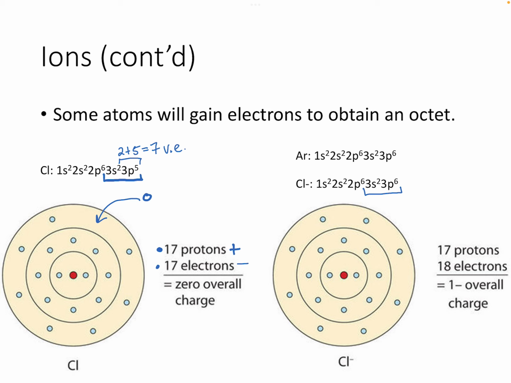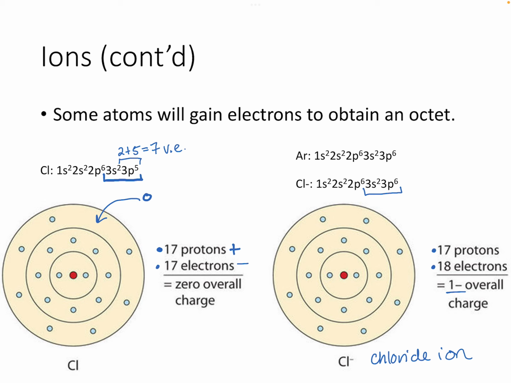So chlorine now has 17 protons and 18 electrons. So instead of having extra positives, chlorine has an extra negative. So its charge is now 1 minus. So this would be the chloride ion. And we'll talk about the naming a little bit later.